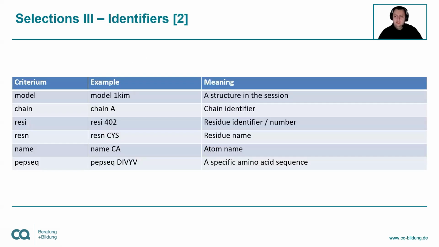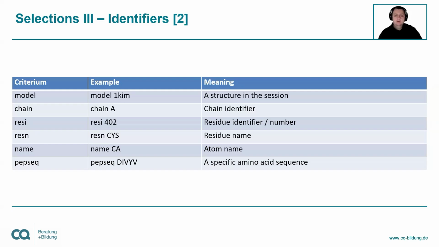PyMOL has different types of criteria available. The first category are the so-called identifiers, where users can pick different models, different macromolecules, amino acids by their residue number or residue identifier, amino acids or bases by their residue name, so the amino acid name, the base name.